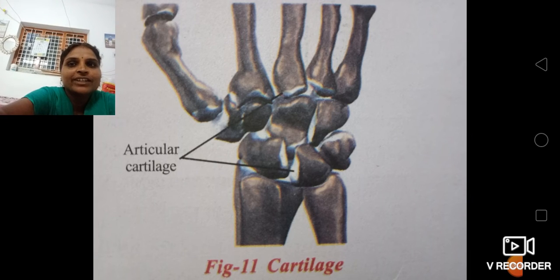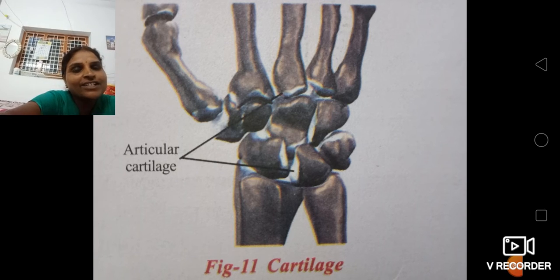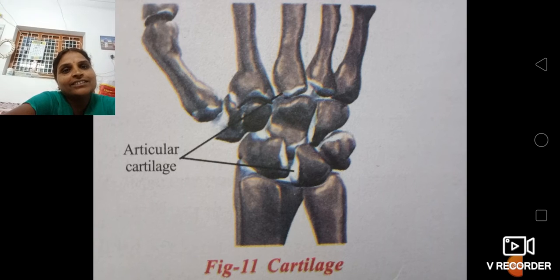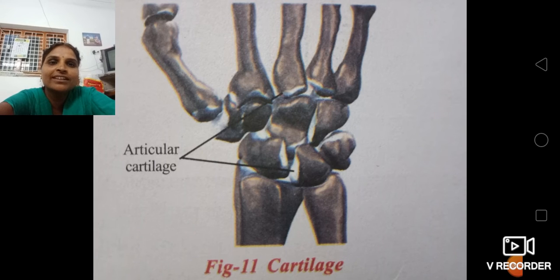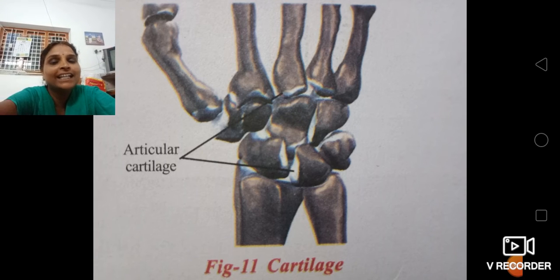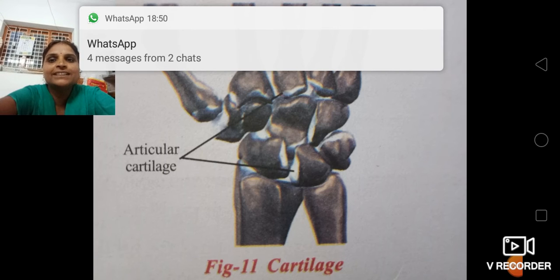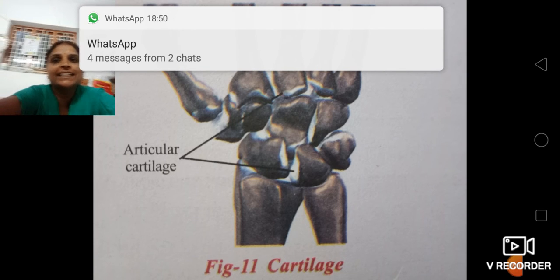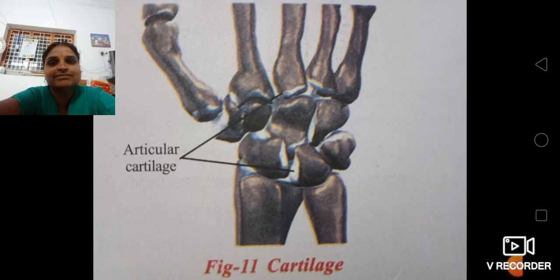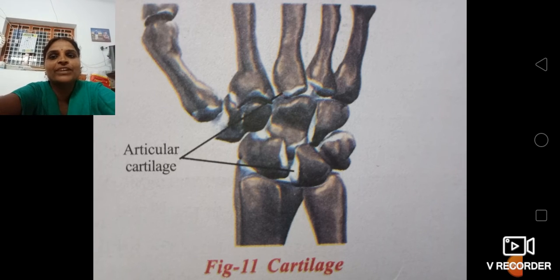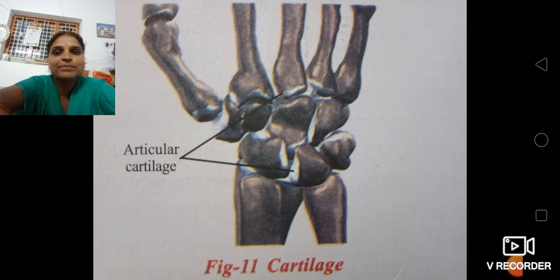How are bones connected at joints? One type of connective tissue is there. That is the ligament. Ligament is another type of connective tissue that connects bone at the joints and holds them in position. It is made up of a large number of fibers.